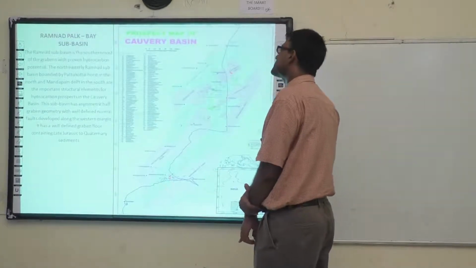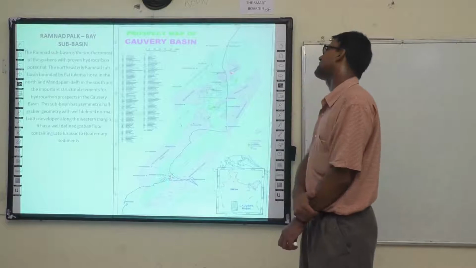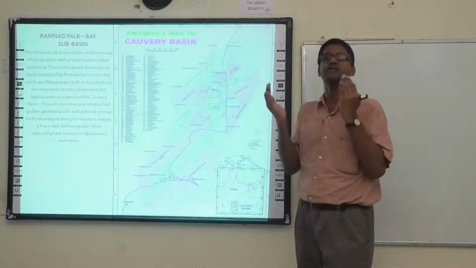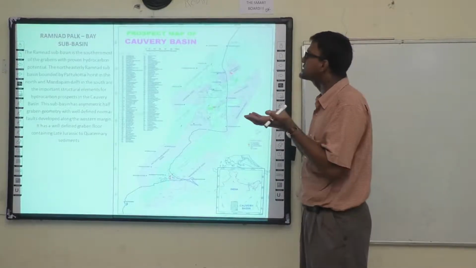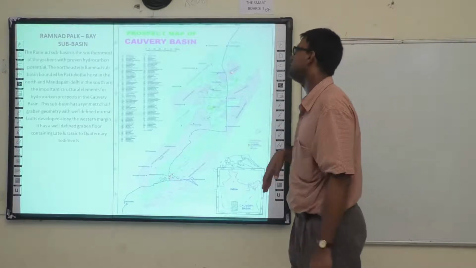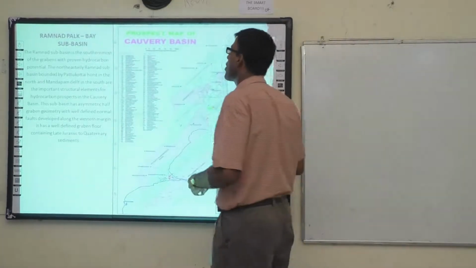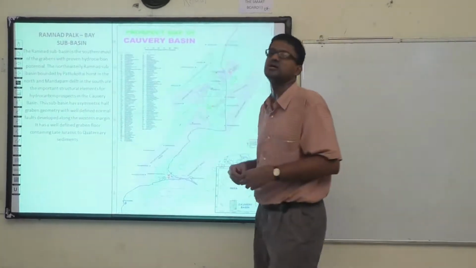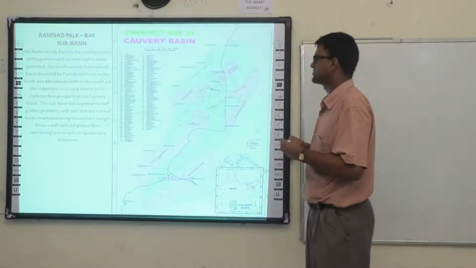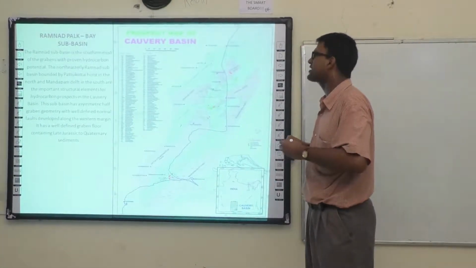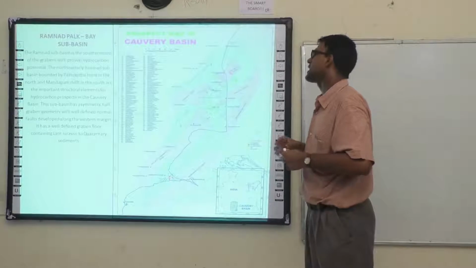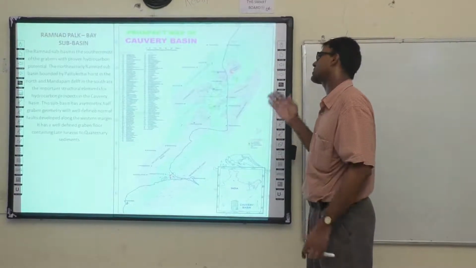So this basin has asymmetric half graben. It is not symmetric. It is asymmetric half graben geometry with well-defined normal faults developed along the western margin. So it has a well-defined graben floor containing late Jurassic to Quaternary.